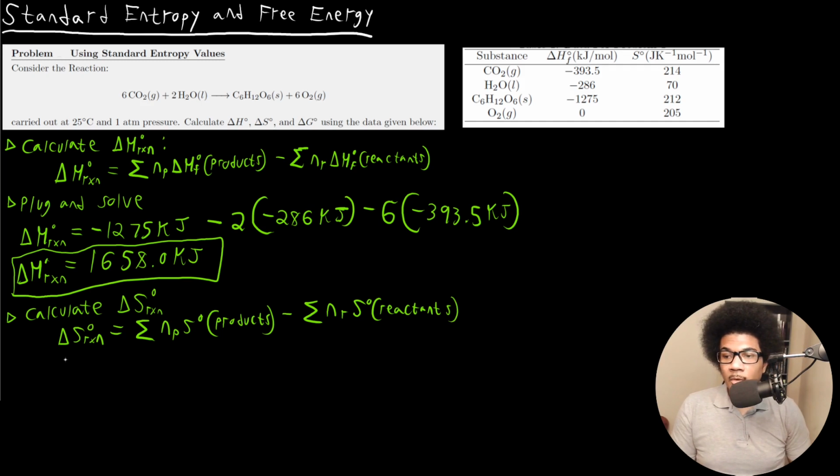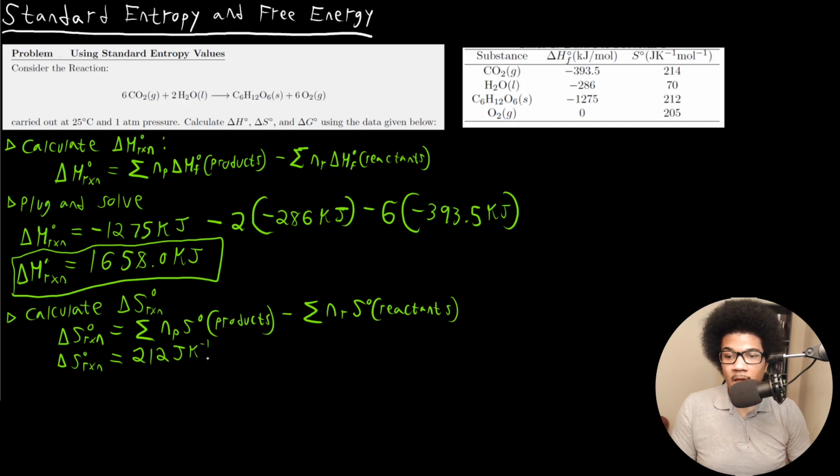All right, so if we plug everything in here, we can plug in and solve. Again, products are glucose and O2. So what we can do here is just plug in all of our absolute entropy values with the appropriate stoichiometric coefficient in order to solve. So first for C6H12O6, we got 212 as the entropy, so we'll have joules per Kelvin.